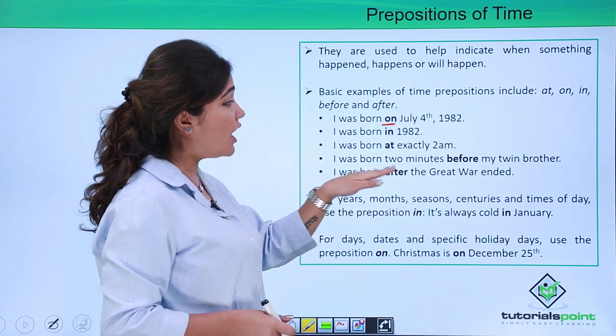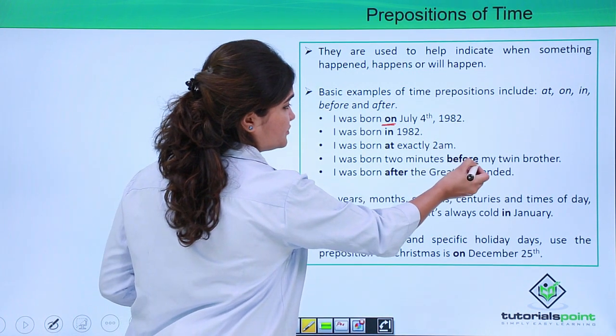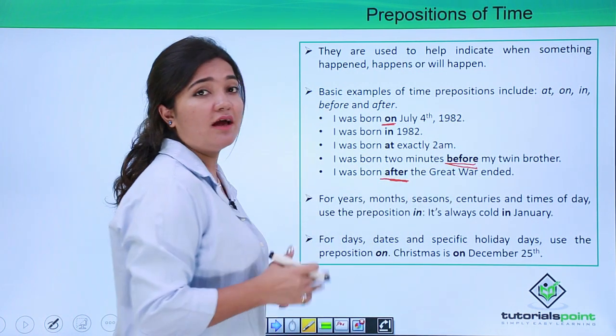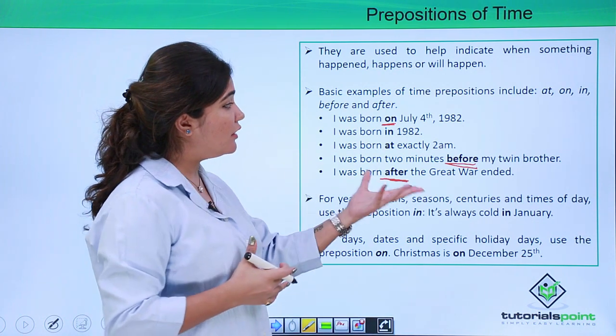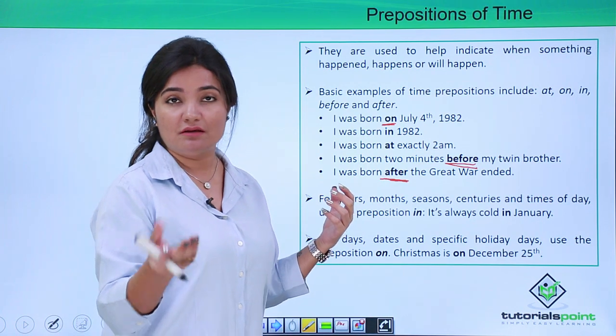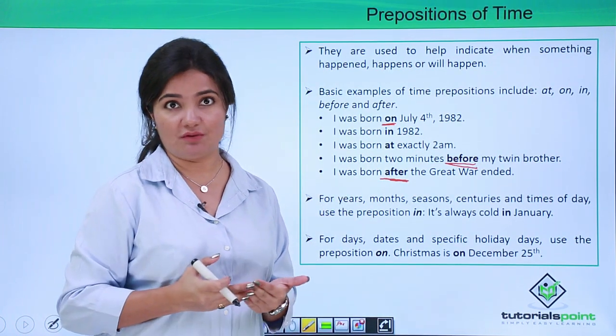Or I was born after the Great War ended. So here, if you observe, before and after, what are they doing? They are used when you are mentioning the time part of your sentence in comparison to something, right?